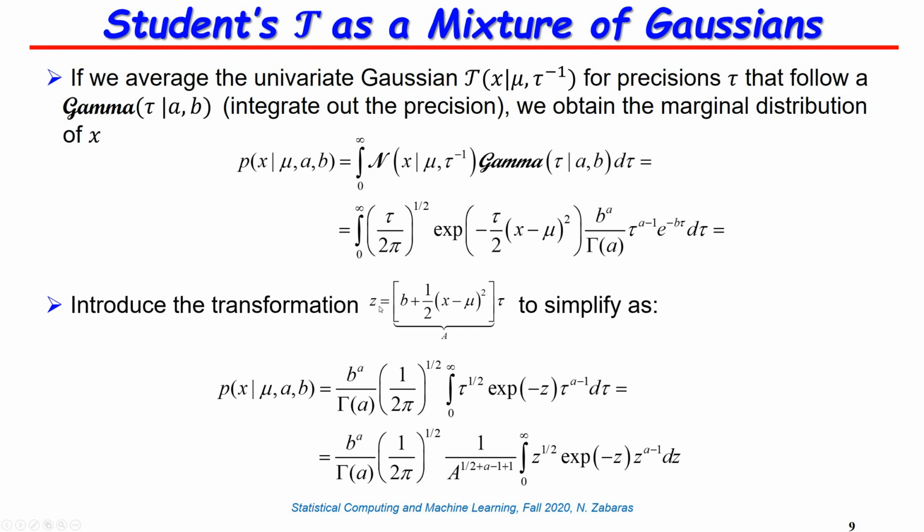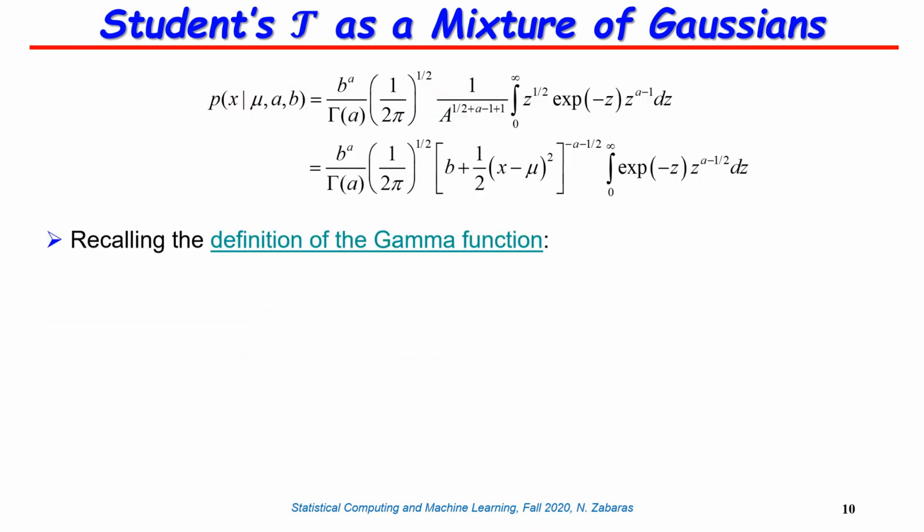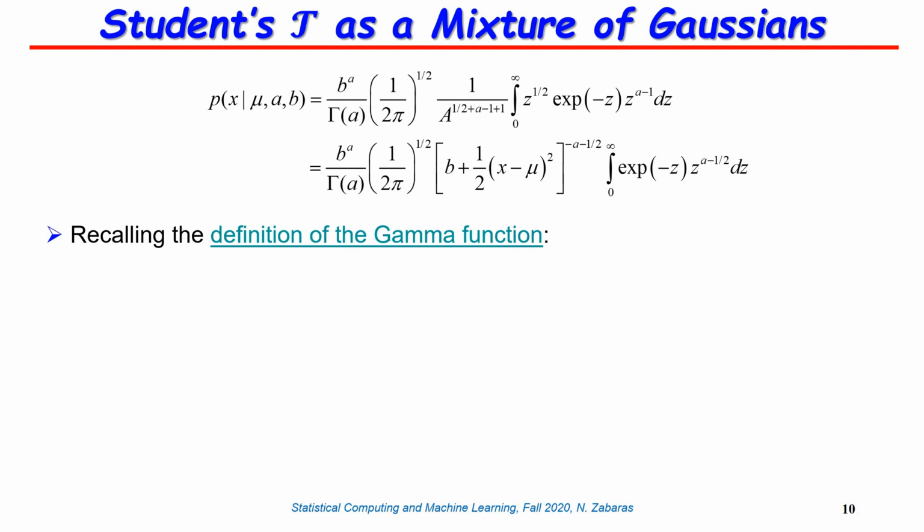You go from tau to a new variable z, where you call this bracket capital A, and then effectively you have to calculate an integral that you see on the bottom, that is an integral in the z variable. And if you actually recall the gamma function, you can calculate this integral directly in terms of the gamma function.